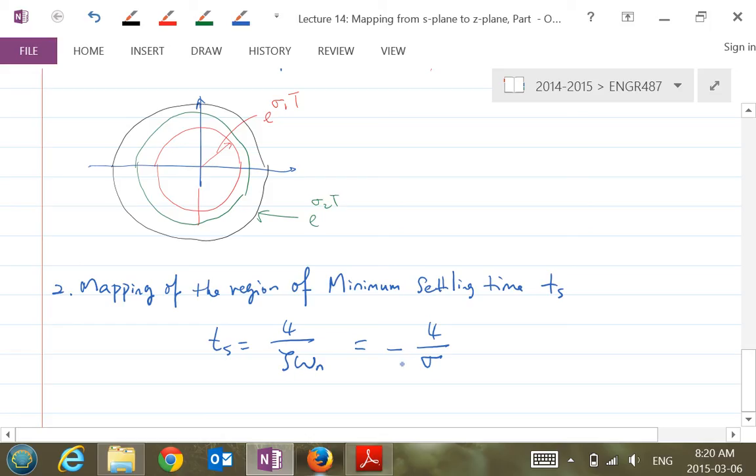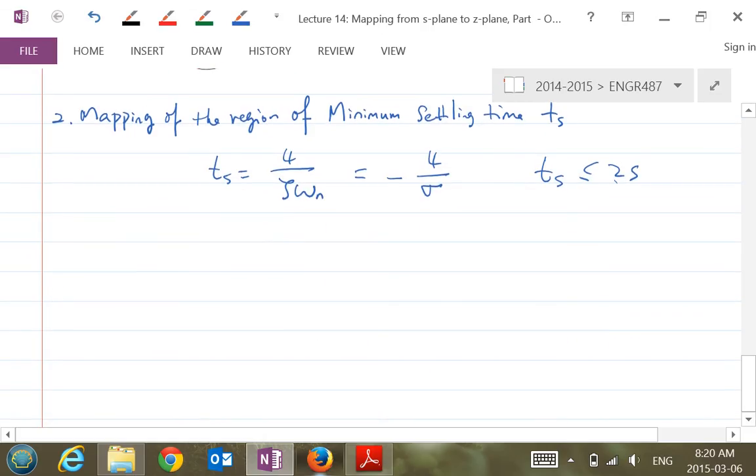Now, for a minimum settling time, generally we say I want my settling time to be less than, let's say, 2 seconds. So this is your minimum settling time. Actually I should say maximum settling time, because you don't want to be more than that 2 seconds. But anyway, you know what I'm saying here.